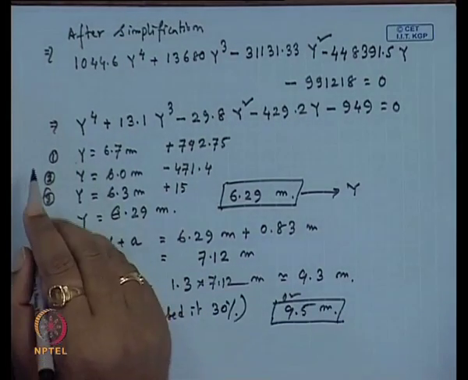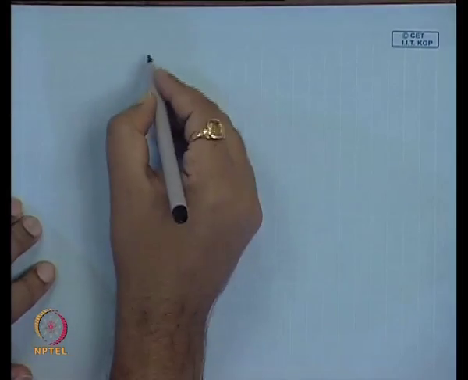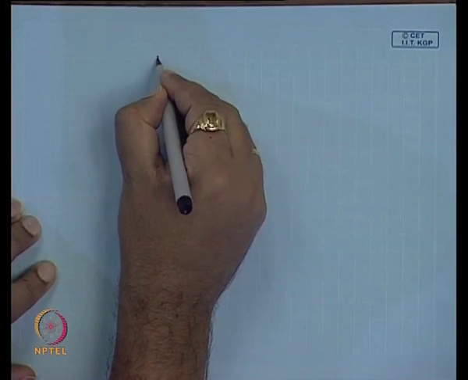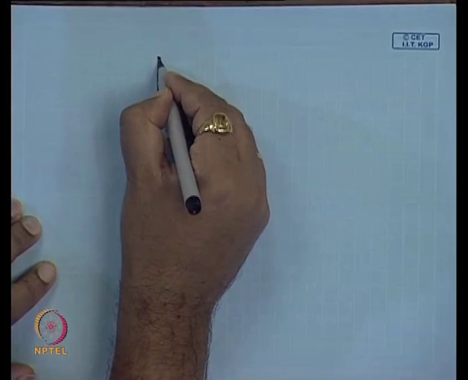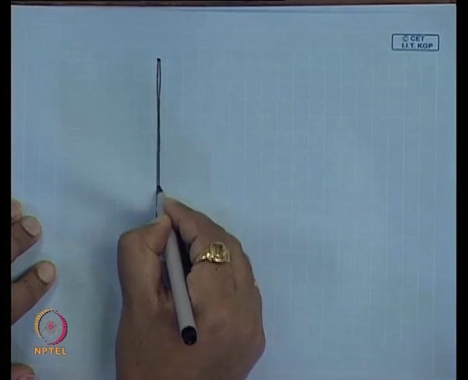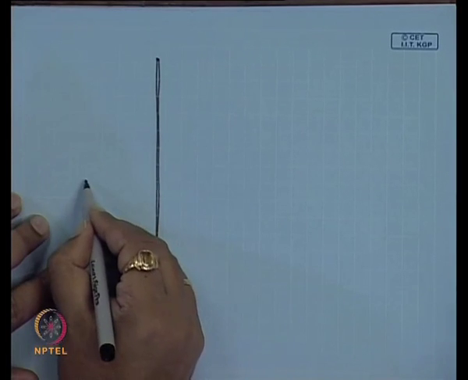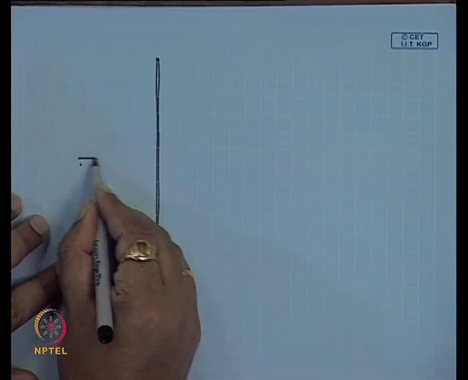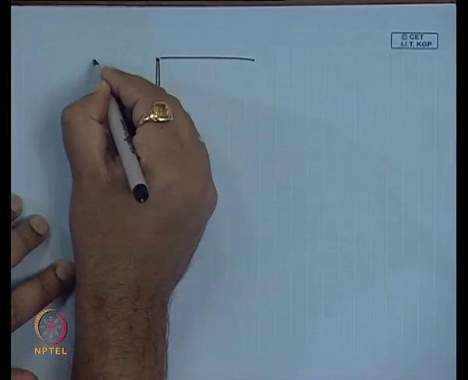So, if I again draw this figure of the sheet pile, this is the sheet pile. This is the dredge level, this is the ground level.